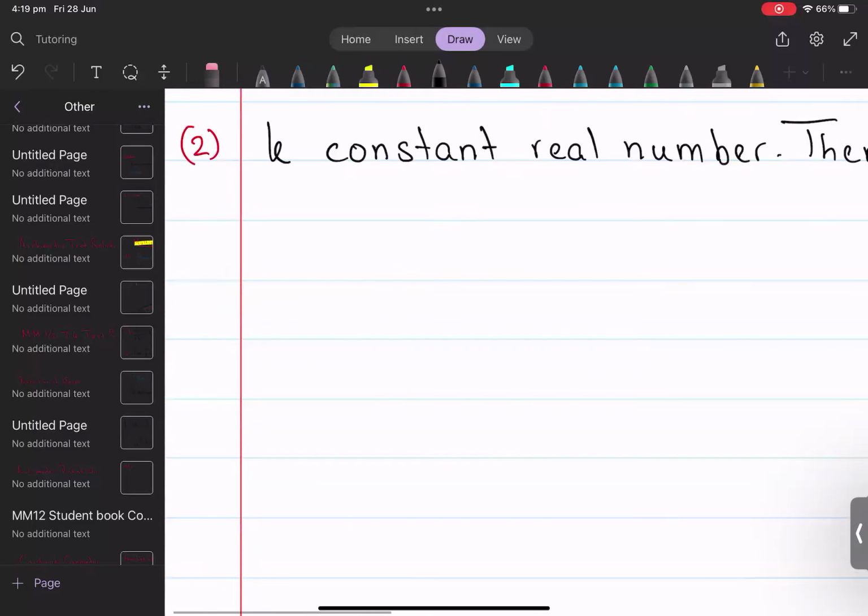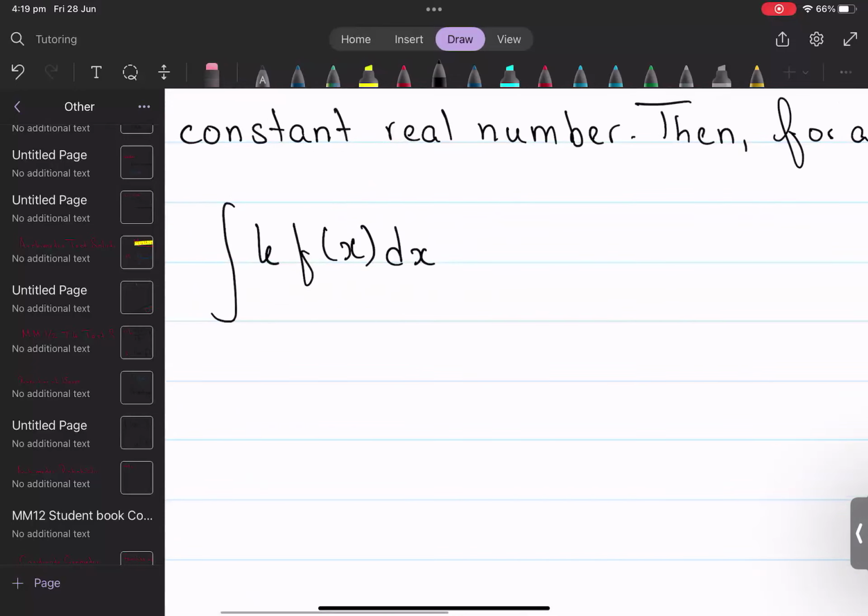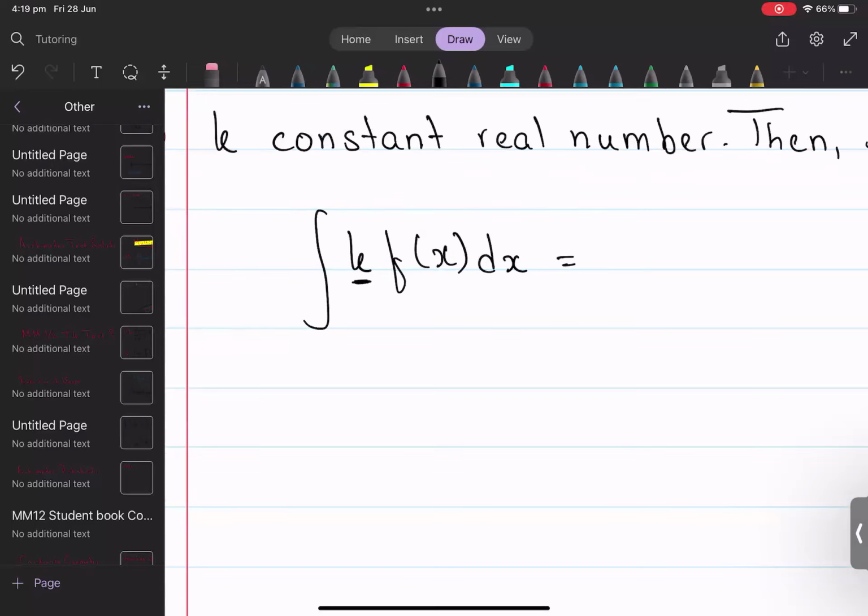If I multiply my constant by my function, and I want to take the antiderivative of the whole thing, well, that's just as simple as taking the constant out of the antiderivative sign. Sorry, I won't call it an integrand just yet, but we will get to that terminology in a bit. So I can pull my constant out of the antiderivative sign because k does not depend on x.